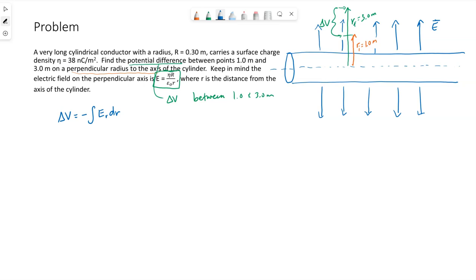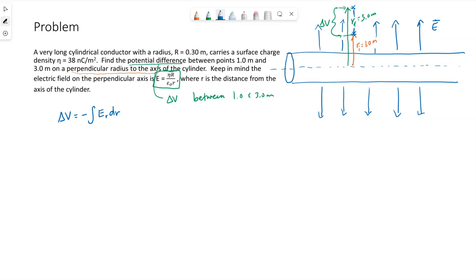Okay, so we're looking for a potential difference between here and here. Since there is an electric field, and as we move from 1 meter out to 3 meters, we're moving parallel to the field, then there's a potential difference.